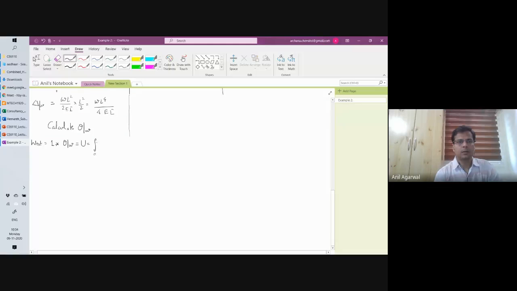So 0 to L. I'll first solve it for the vertical member. For the vertical member, it is W L square by 2 minus W L square by 2, correct? Multiplied by, the other one has how much moment?